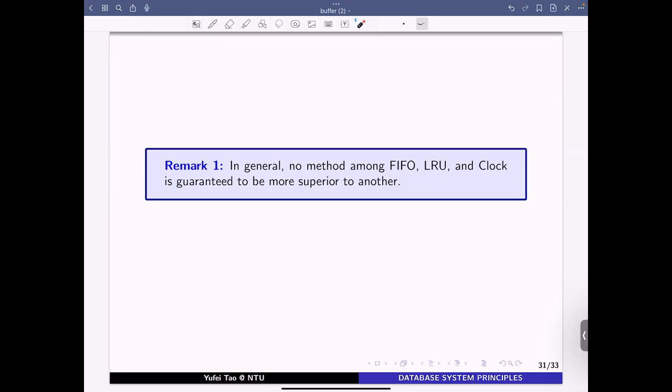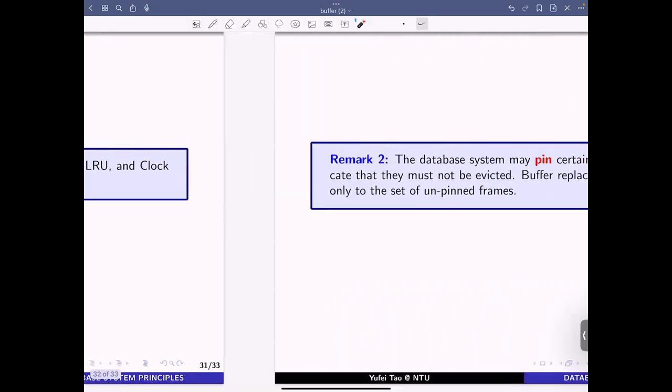In general, the superiority among these three algorithms is not certain. You can construct another sequence in which LRU turns out to be the best. That's very possible. In fact, we will talk about this in a tutorial. So that's the first remark you want to know.